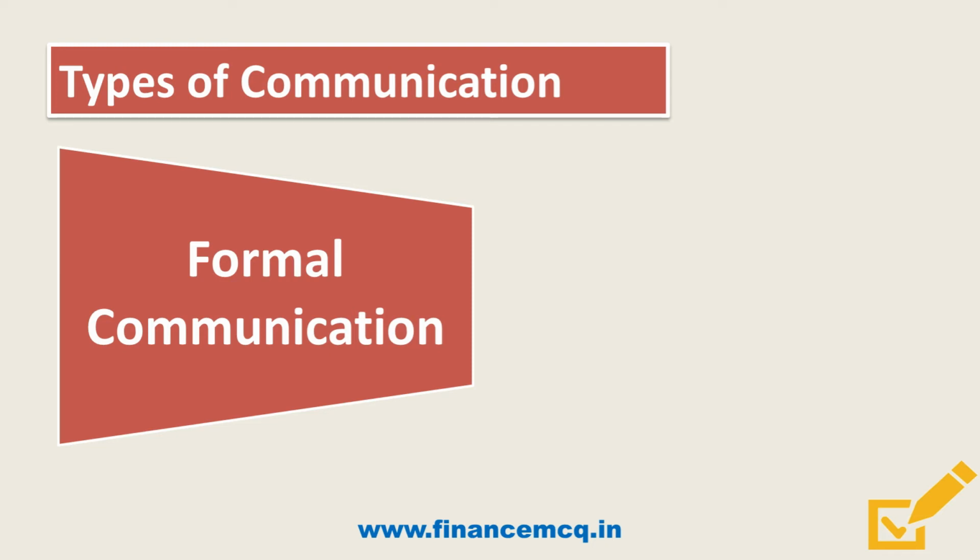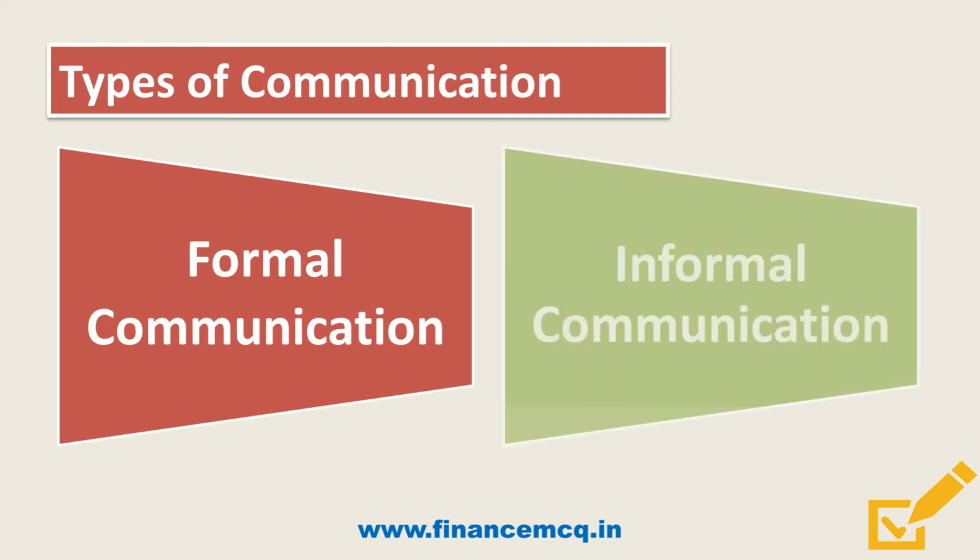The communications may be oral or written, but generally recorded and filed in the office. The second type of communication is informal communication. Communication that takes place without the formal lines of communication is said to be informal communication. The informal system of communication is generally referred to as the grapevine because it spreads throughout the organization with its branches going out in all directions.